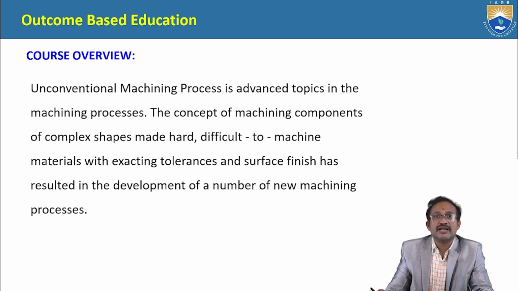Usually with conventional machining processes, we cannot machine hard and brittle materials. So unconventional machining process is particularly meant for brittle and hard materials and even complex shapes that we cannot machine with the conventional machining process.